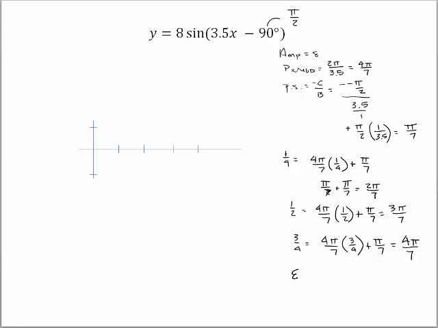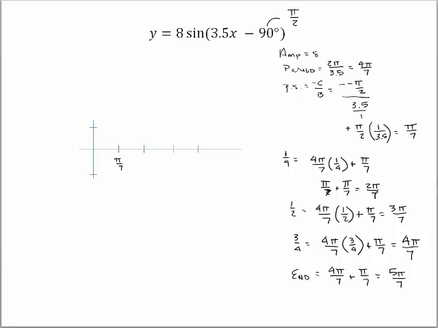The endpoint. We got that so far? Let's take the endpoint. Our endpoint is the period, 4 pi over 7, plus the phase shift, which is pi over 7. So what we end up with is 5 pi over 7. Now let's see if we can put this into our graph. First of all, it is a positive phase shift. So we're going to name that first point as pi over 7.